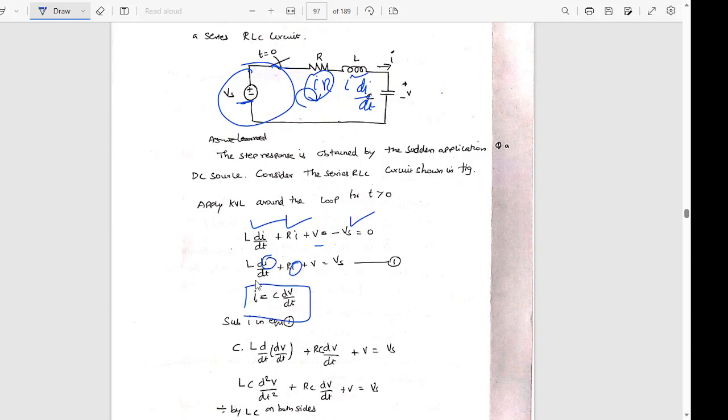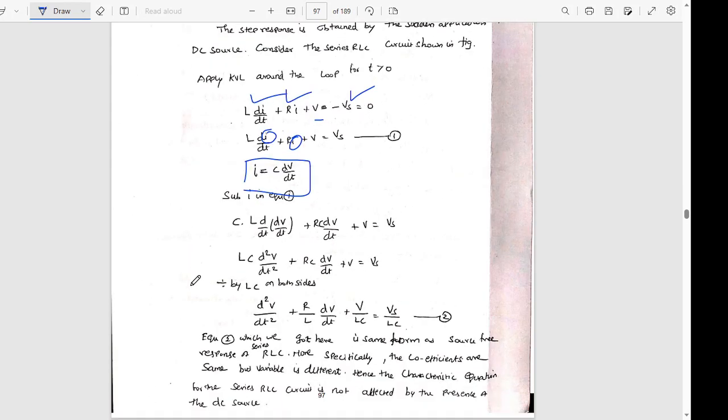So we get LC d by dt of dV by dt, which becomes d square V by dt square, plus RC dV by dt plus V equal to Vs. Now I am going to divide by LC. We get d square V by dt square plus R by L dV by dt plus V by LC equal to Vs by LC.